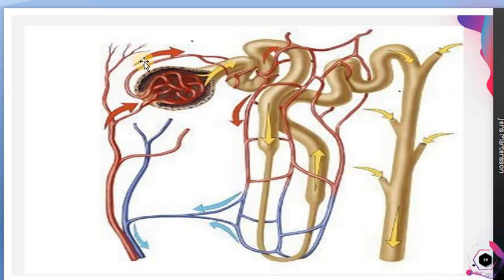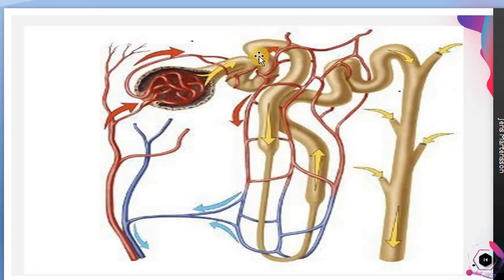This is the efferent arteriole. Again, it is an arteriole only. And now this is forming a secondary capillary network. This is the first, primary capillary network. This is the second capillary network. So this is the efferent arteriole. Again this forms another capillary, and this capillary is known as vasa recta.